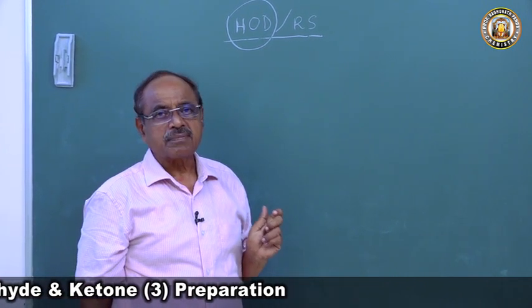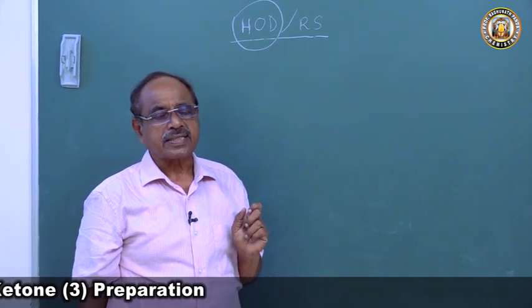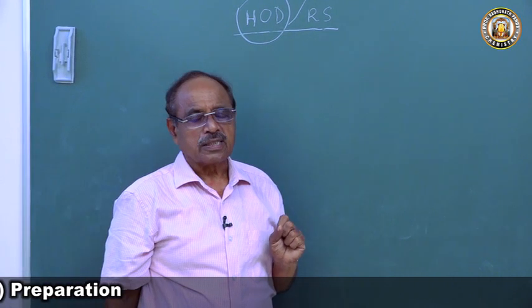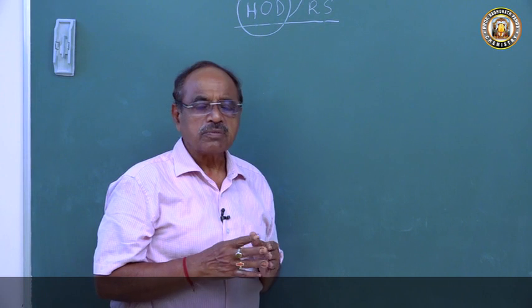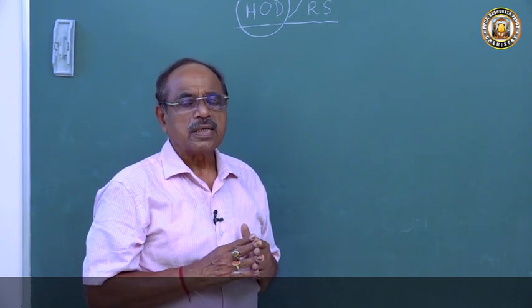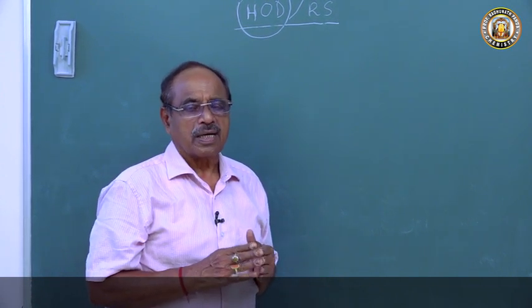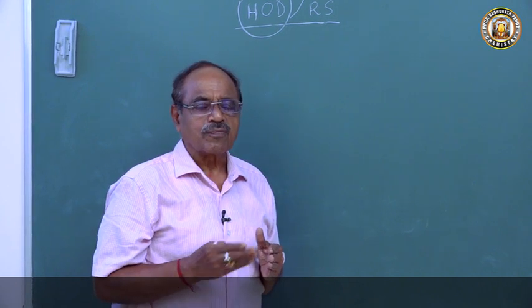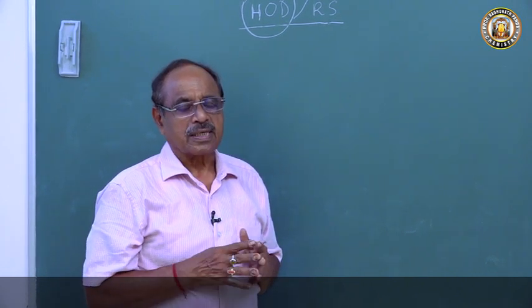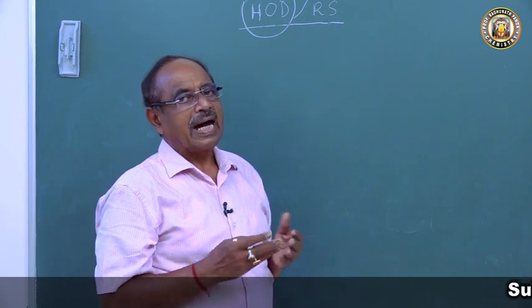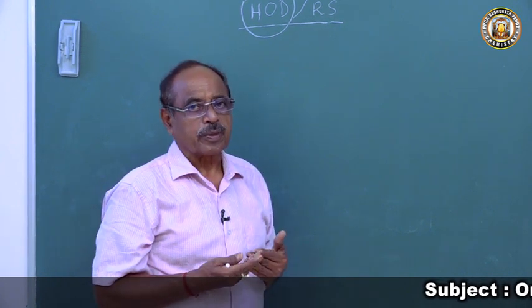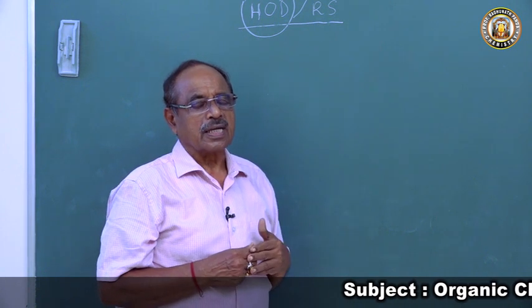When an alkyl gem dihalide is hydrolyzed by treating with sodium hydroxide or potassium hydroxide, it forms a dihydroxy compound. The dihydroxy compounds are unstable, they lose a molecule of water, and form the corresponding carbonyl compound. So depending upon the aldehyde or ketone we want to prepare, we will choose the alkyl halide.